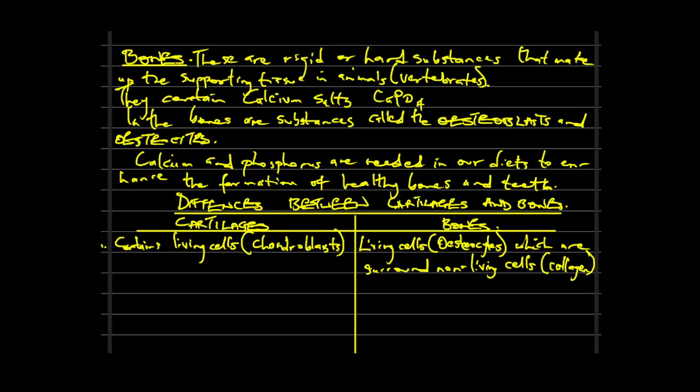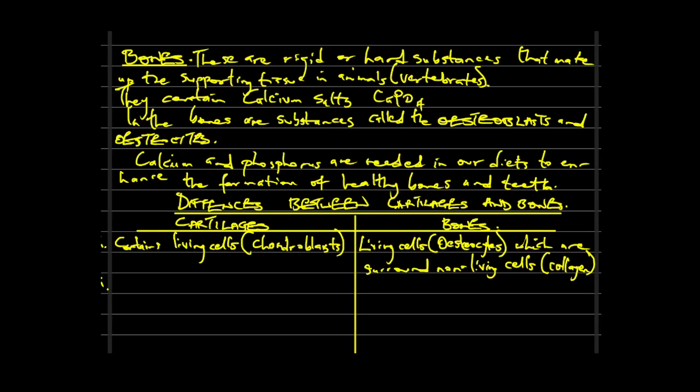Yes, the cartilages have living cells called the chondroblasts, while the bones have the osteocytes as their living cells, and then they are surrounded by non-living collagen. So that is the first major difference between them.